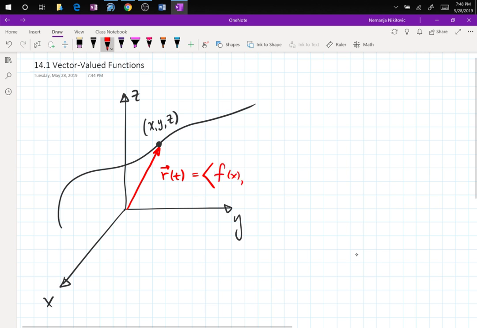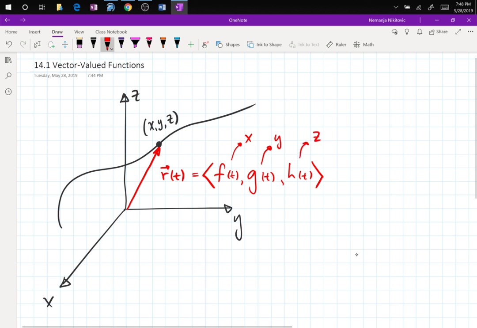Function f of t, g of t, or h of t, which will eventually give us x, y, and z components.